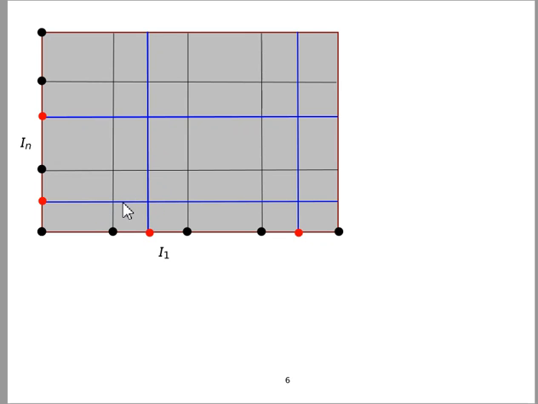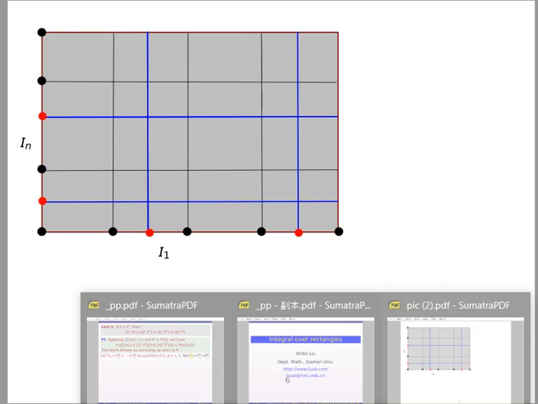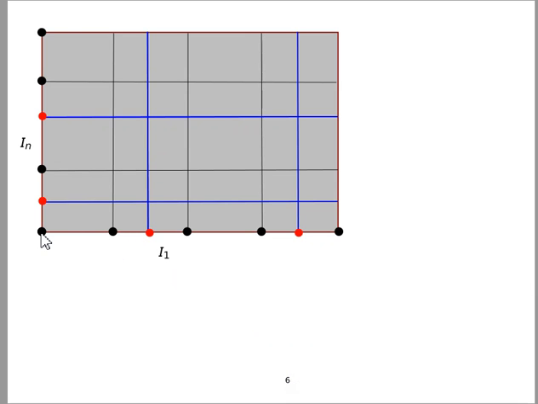For example, P11, the first component of the first partition, is the horizontal five black dots, and P21, the first component of the second partition P2, is the red dots.